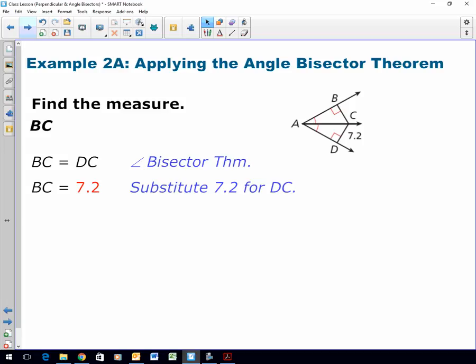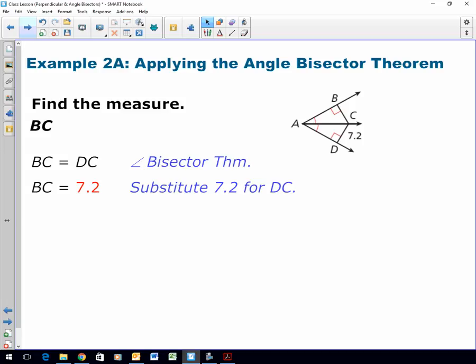Look how easy this can be. How do I know on this drawing that AC is the angle bisector of BAD? What gives it away just based on the diagram? These two things right here.